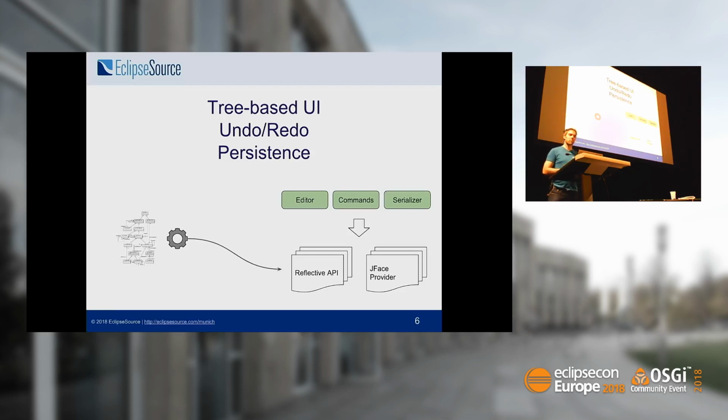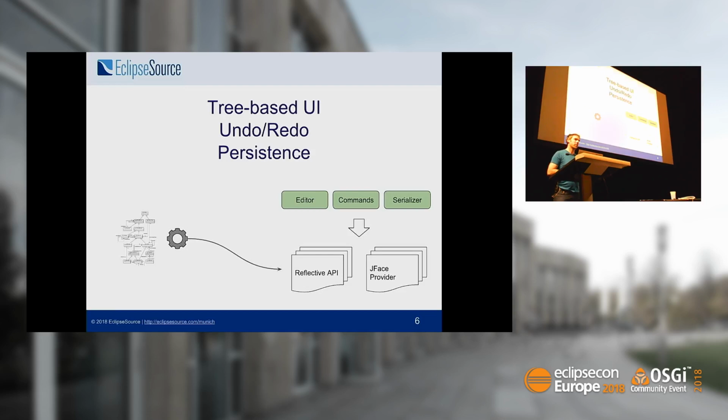The same is true for undo, redo. Additionally, EMF generates what's called JFace providers. Those are used to create a tree. So basically, they provide the structure of a tree and a label. That's fully generated. And there are three components which access those two generated artifacts.